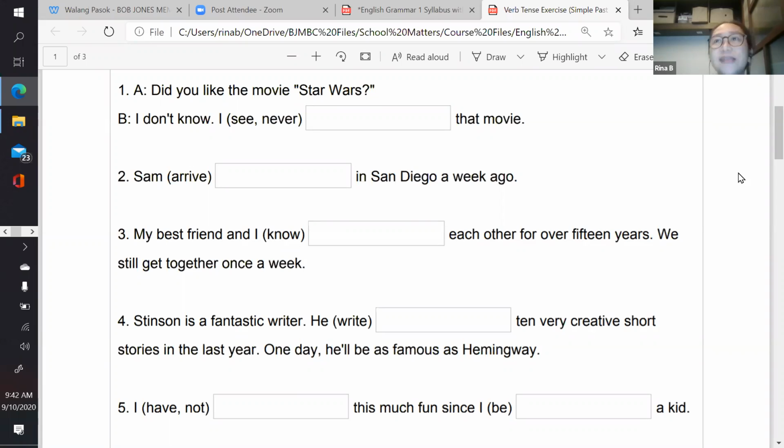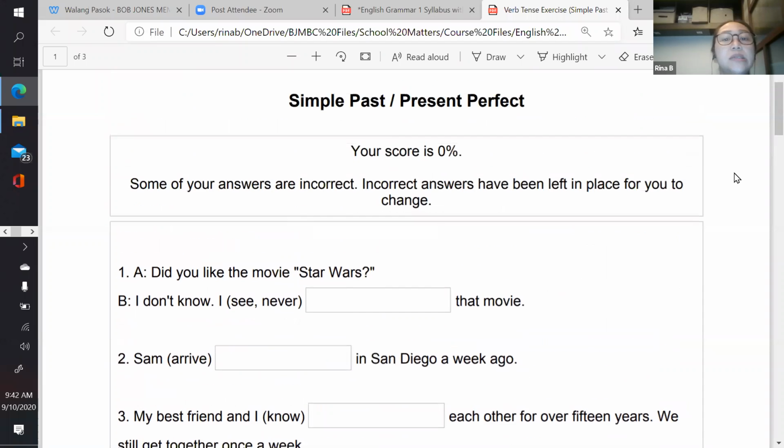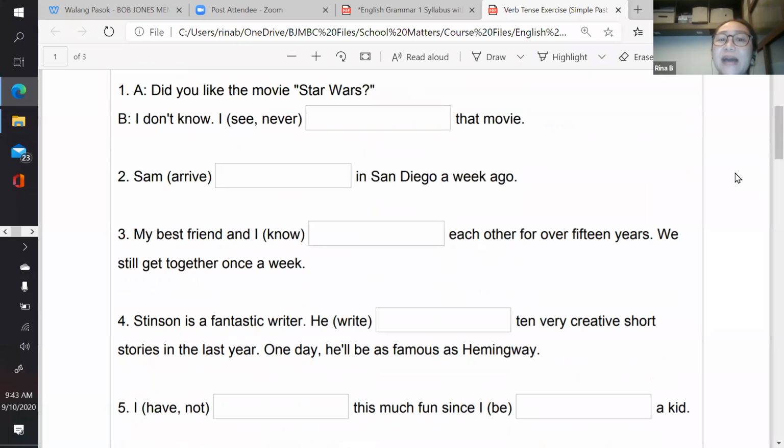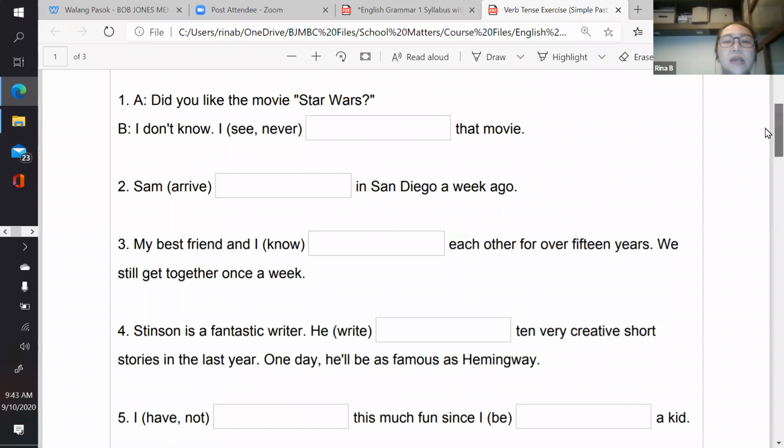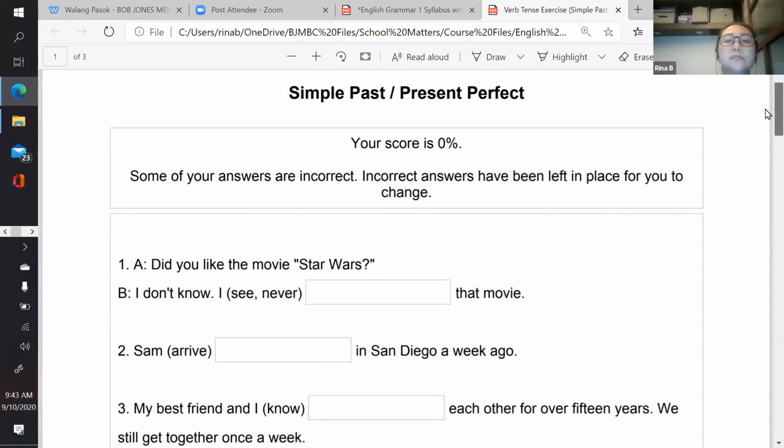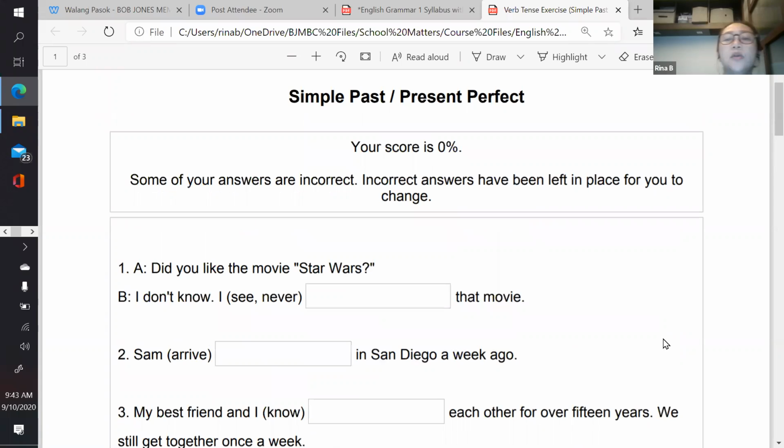So your choices for your tenses will actually only be simple past or present perfect. You have to decide which verb to use in the simple past or in the present perfect. Okay? Sorry, I'm moving up and down, but take note. These are your only choices for this exercise. So 1, 2, 3.